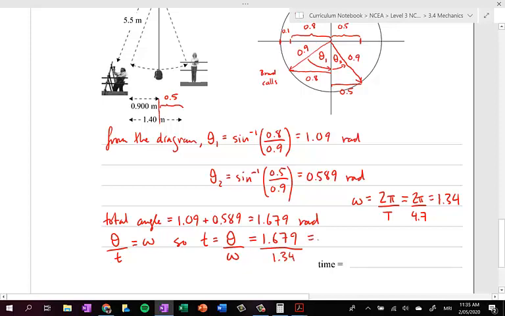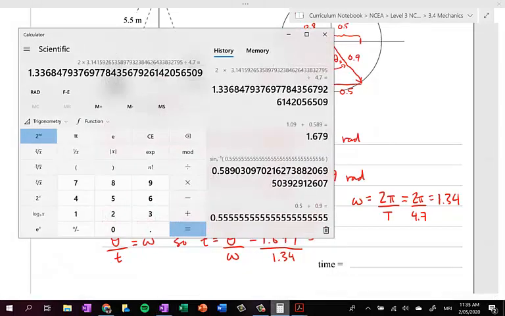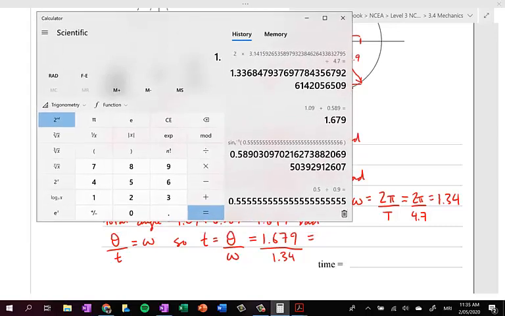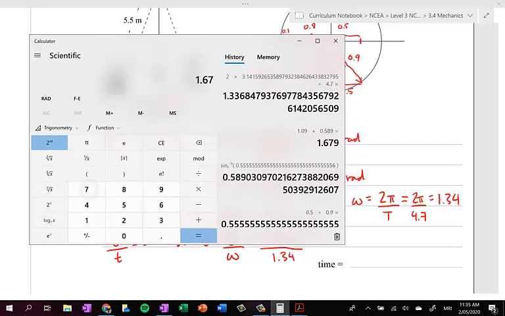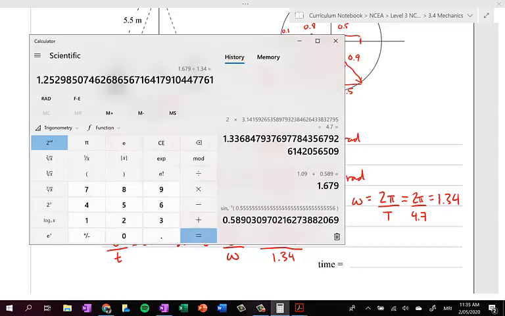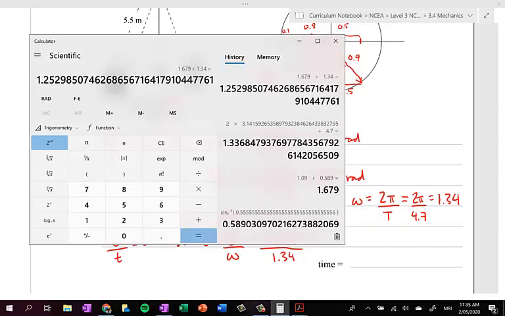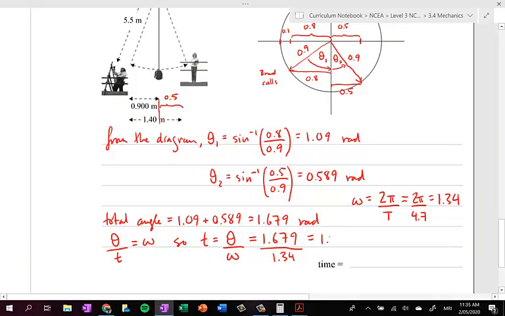So that is 1.679 divided by 1.34 is 1.25 seconds.